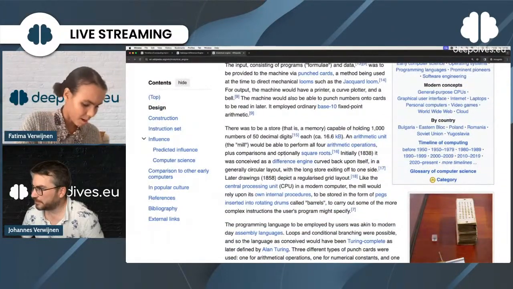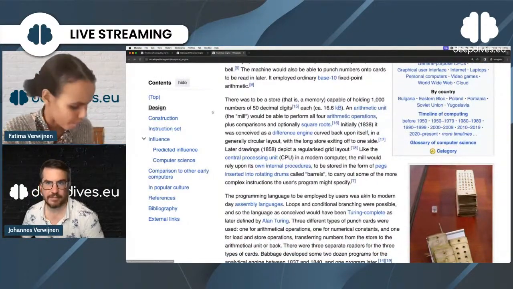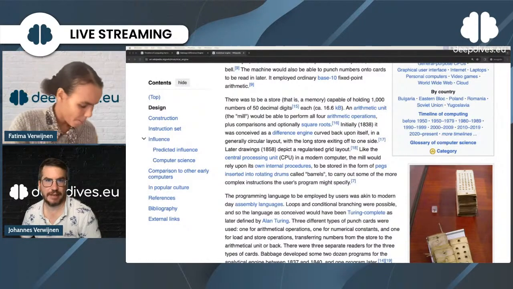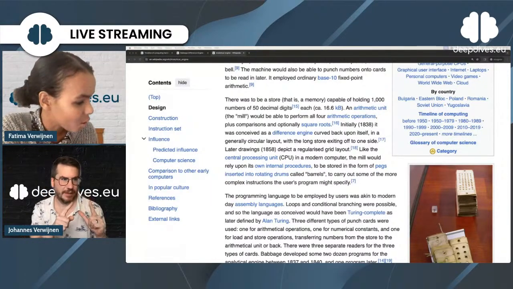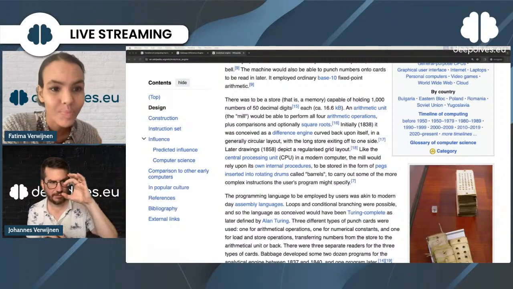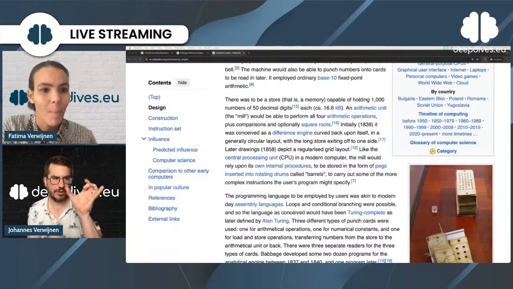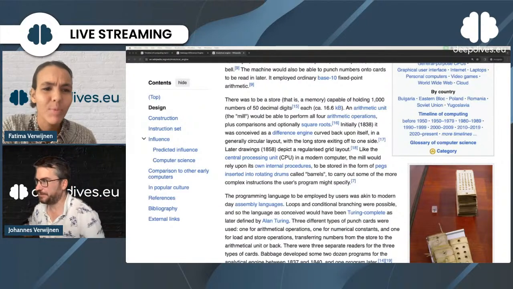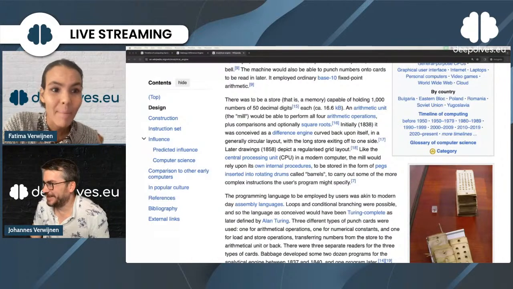Compare that to the size of the CPU of a MacBook. The block is basically maybe one to two inches each side, but that's mostly just for wiring, so the actual CPU inside is much smaller. Why would we drop the term mill? I think that's cool. Thank you, Babbage.